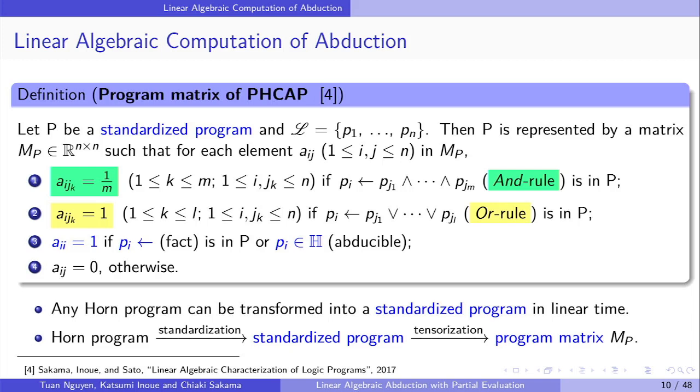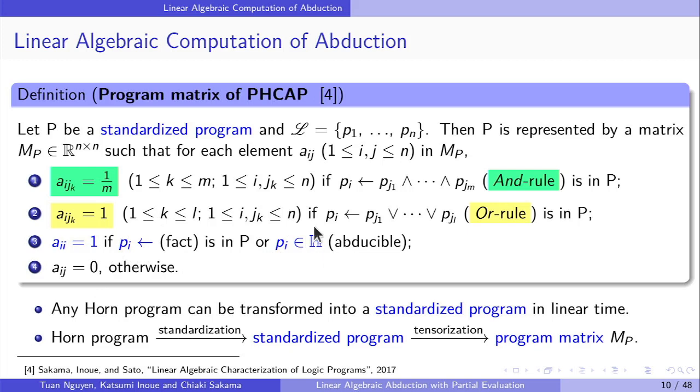It's simple: for AND rules, we set the value of each element of the rule to 1 divided by the length of the rule. For the OR rules, we set 1 for each propositional variable that appears in the body of the rules. And for the facts, we set 1 at the diagonal of the matrix.